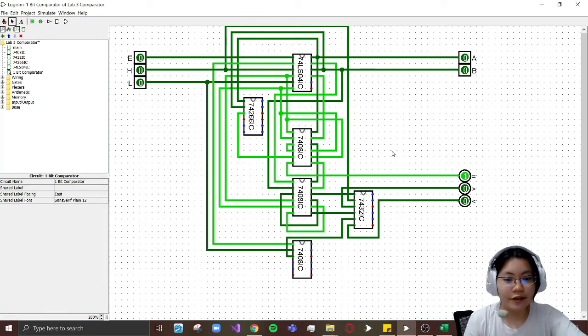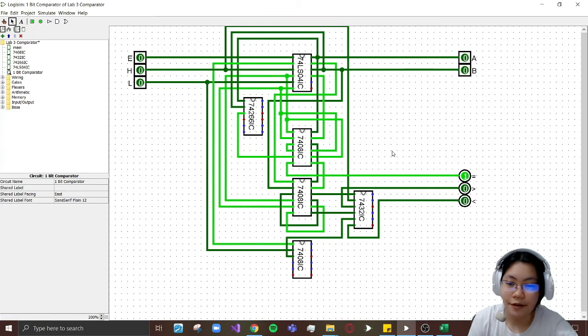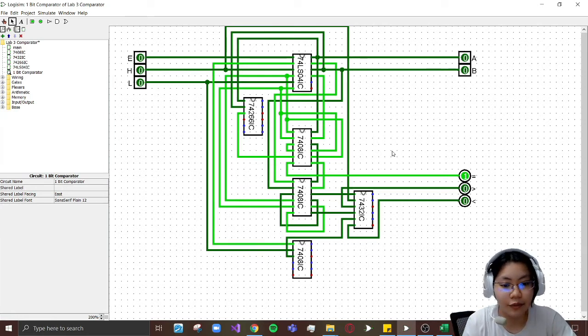Now that we've already created our 1-bit comparator using Logisim, let us now check if it works as intended by comparing the input combinations along with its output using our Excel file.